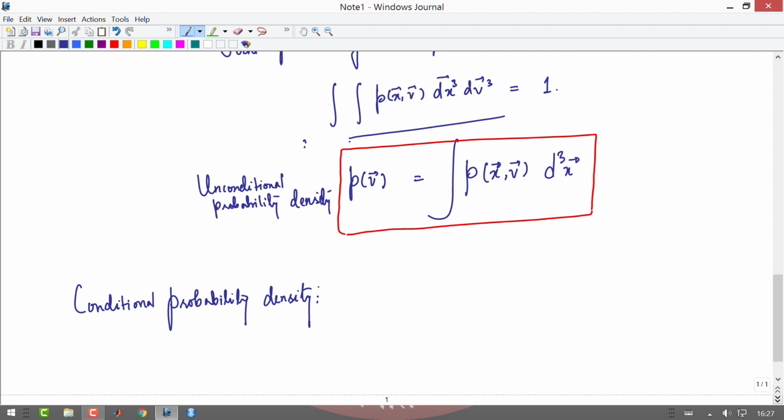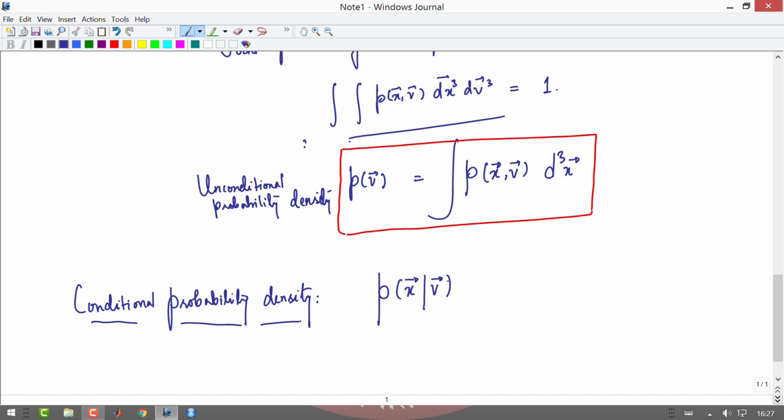Okay, so this is defined as asking what is the probability density of finding a measurement on x such that the measurement on velocity is v.